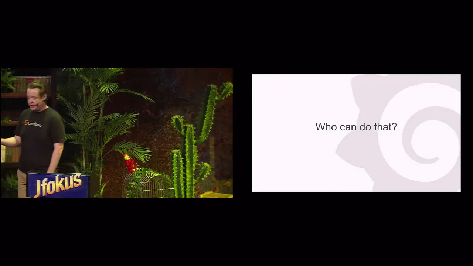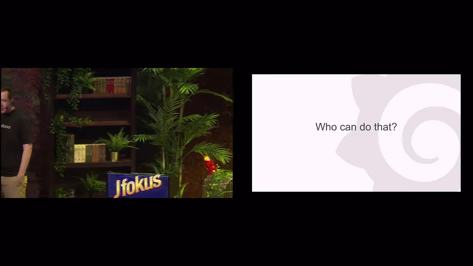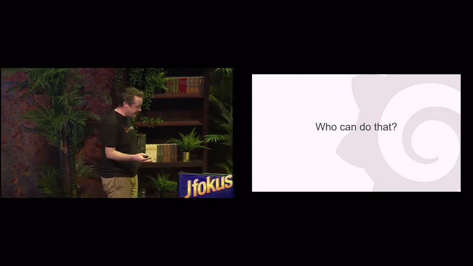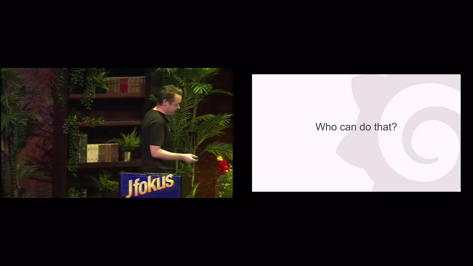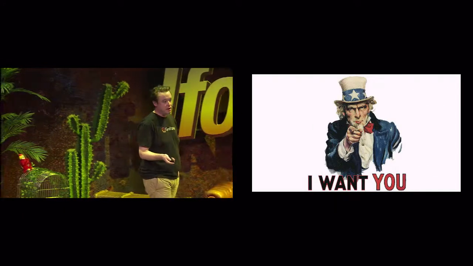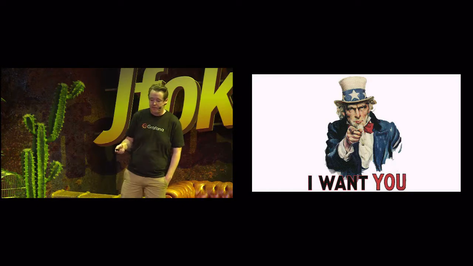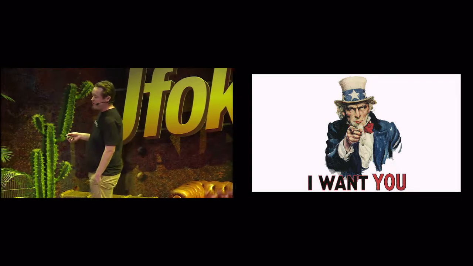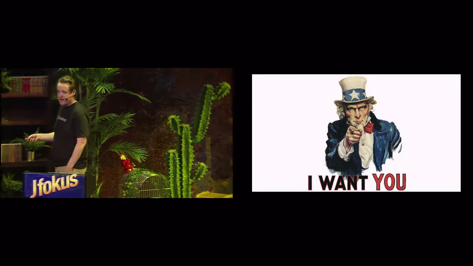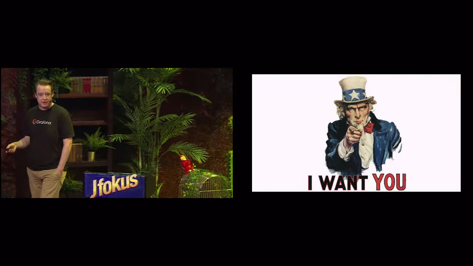And who can do this kind of work? Who can start building a more resilient system? Who can be responsible for that? I don't think that's up to the operations team. I think that's up to you, up to the developers in a company. And I think it's time for developers to grow up a bit and start acting as professional engineers.